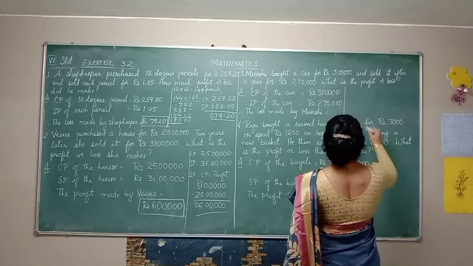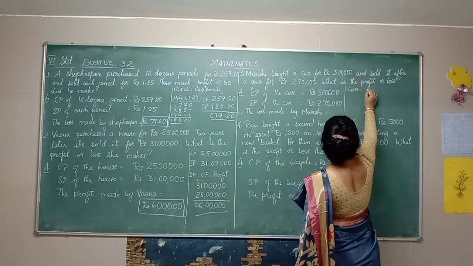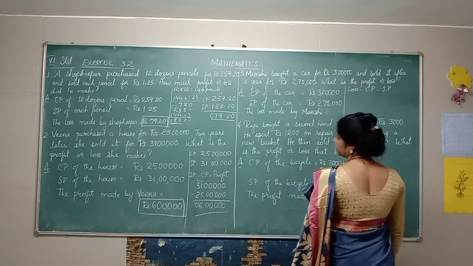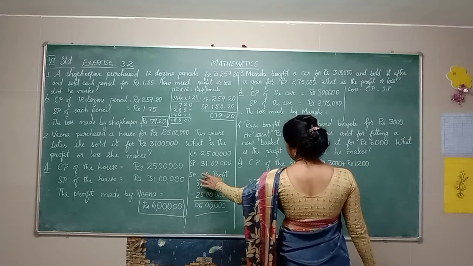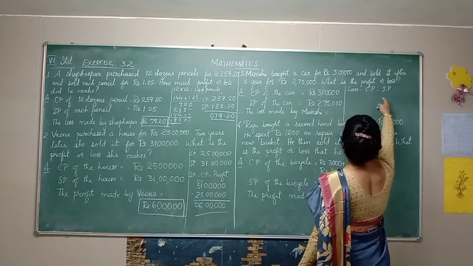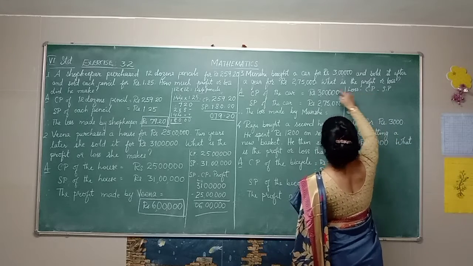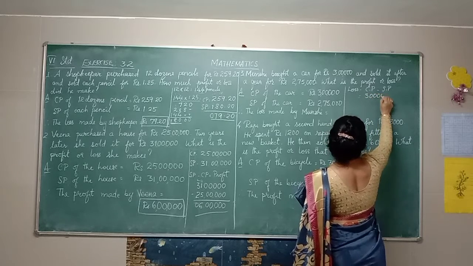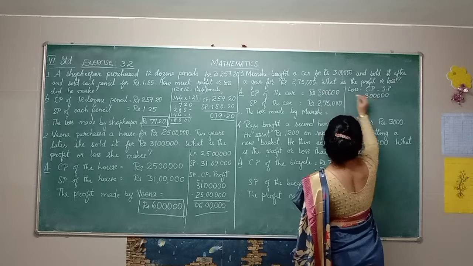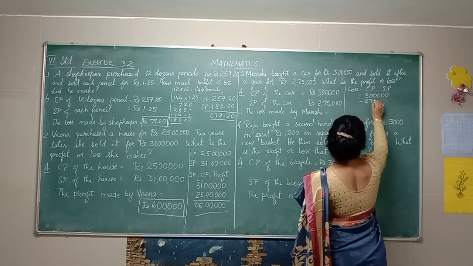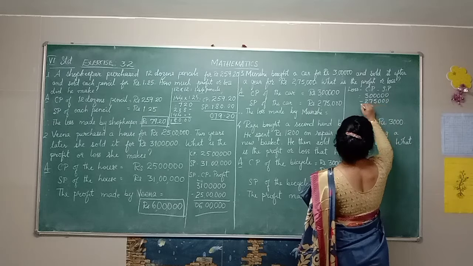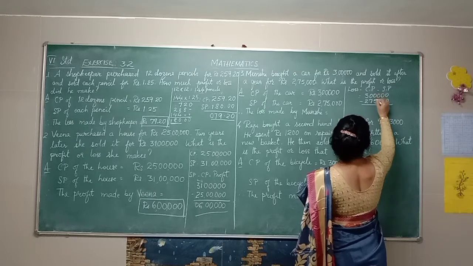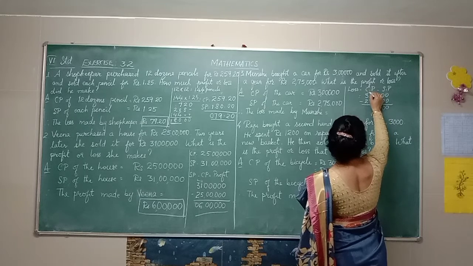So what is loss? Loss is equal to cost price minus selling price. For profit, selling price minus cost price. For loss, cost price minus selling price. The cost price is 3 lakh, and selling price is 2,75,000. So 0 minus 0 is 0. From 0 you cannot minus 5, so you borrow from here, this becomes 10.